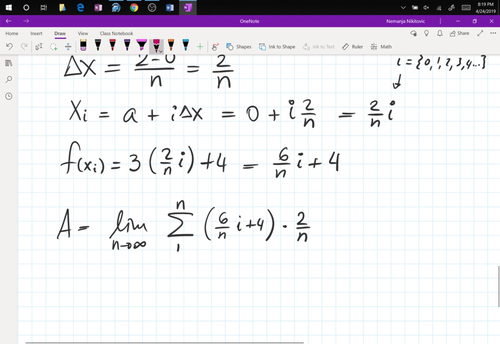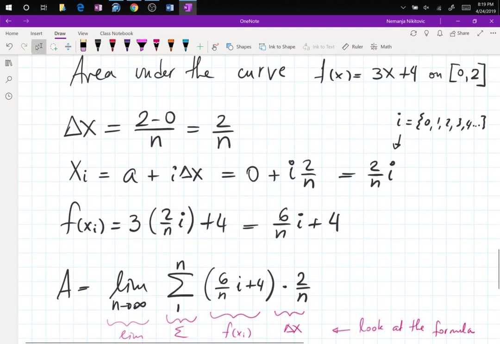So the limit is the limit, the summation is the summation, this is my f of xi, and this is my delta x, and you go look at the formula. Right? Look at the formula. So you know where all of this was plugged in.